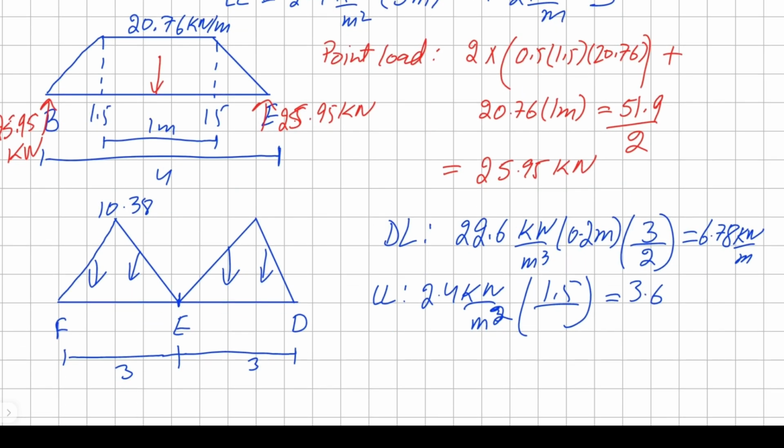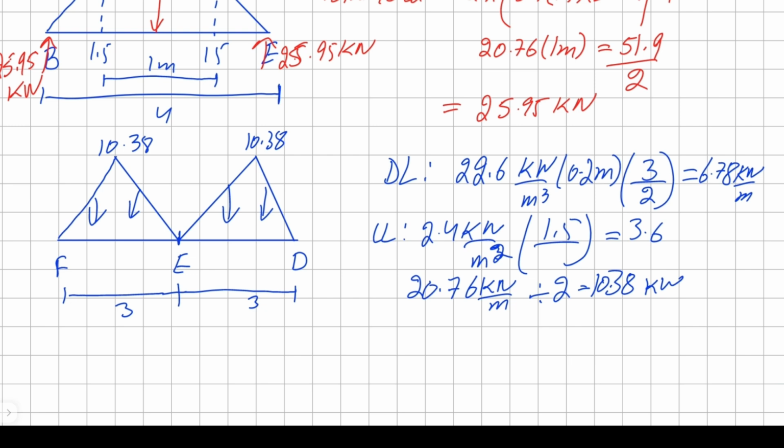Another way to get this peak load on the girder is simply dividing the peak load of our middle beam by 2, and we get the same value as we get by solving for dead load and live load.